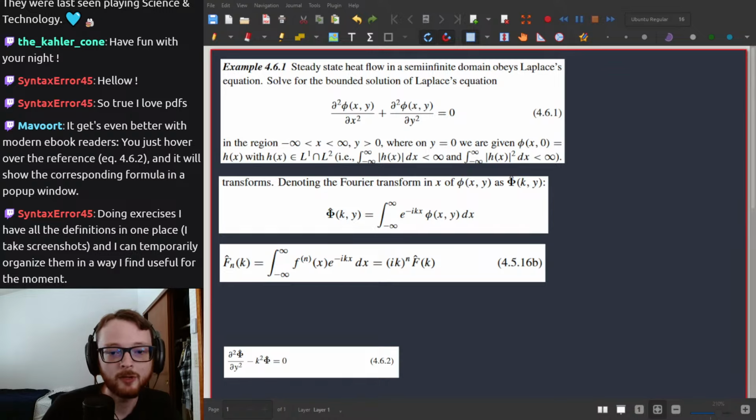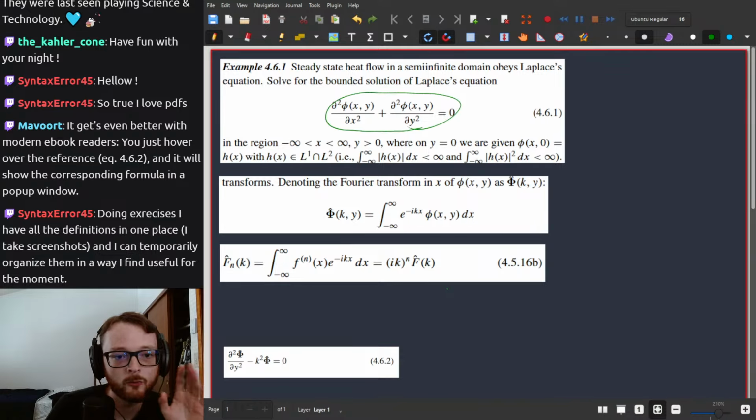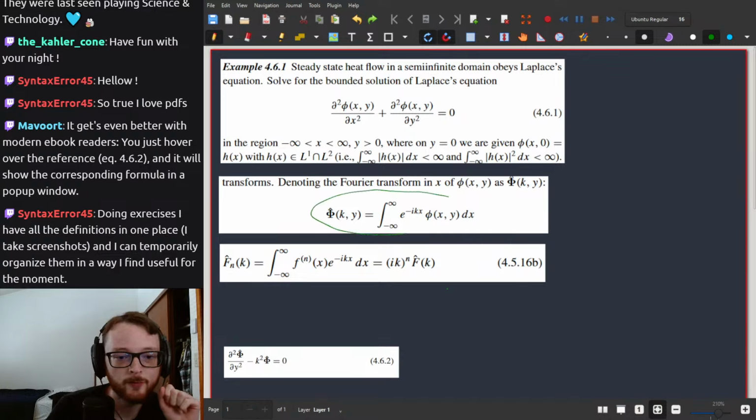Okay, so the first kind of weirdness with this is that when you start doing transforms on partial differential equations, you have multiple variables being involved. And so when we're talking about Fourier transforms in the last section, we're only doing them on single variable functions. But it makes sense that you can choose one variable to do a Fourier transform on, and for the sake of the transform, you treat the other variable as a constant.